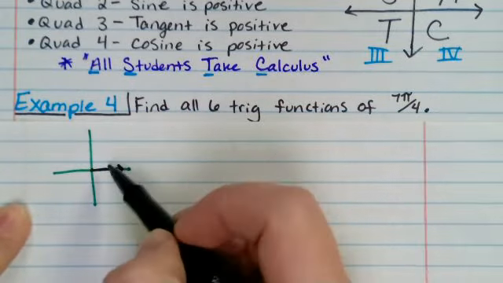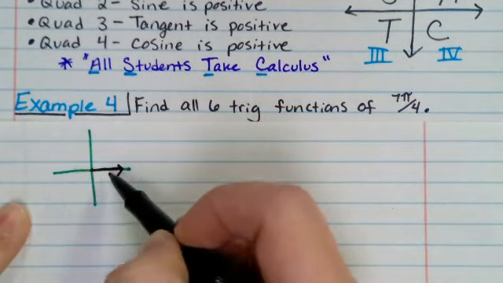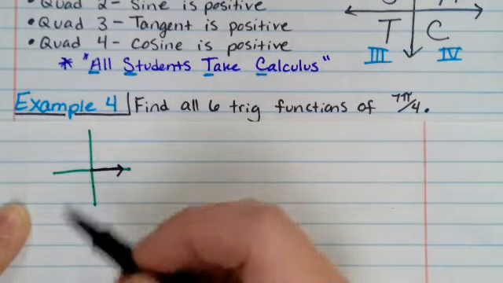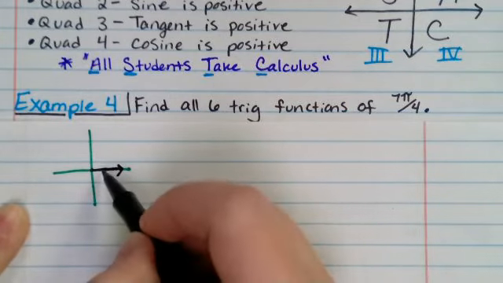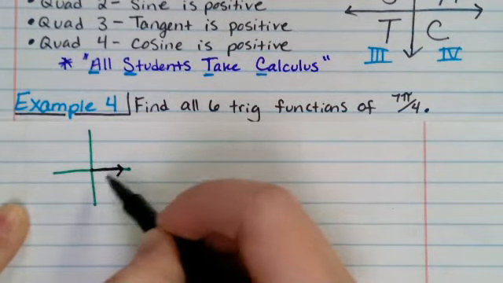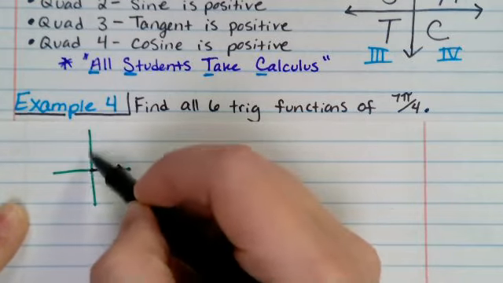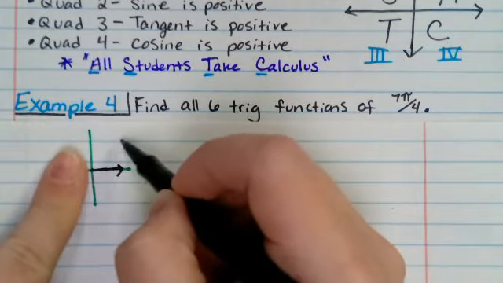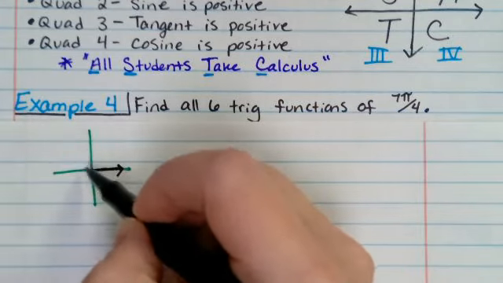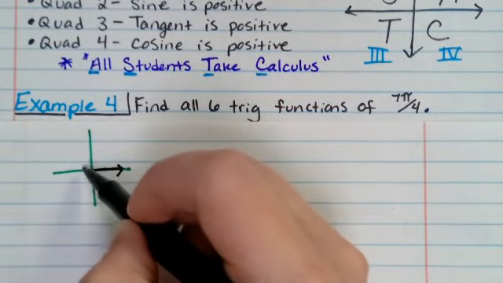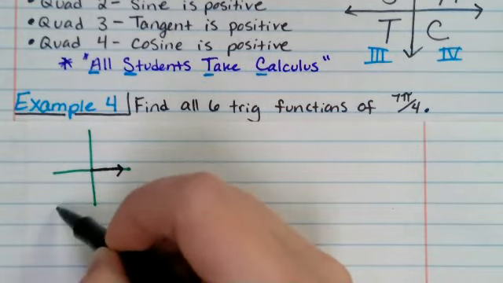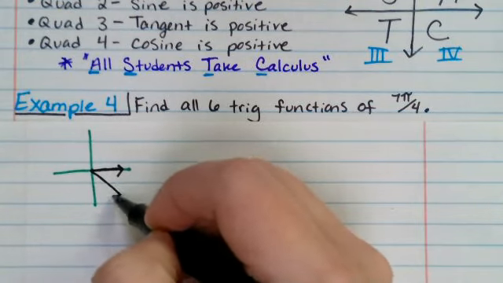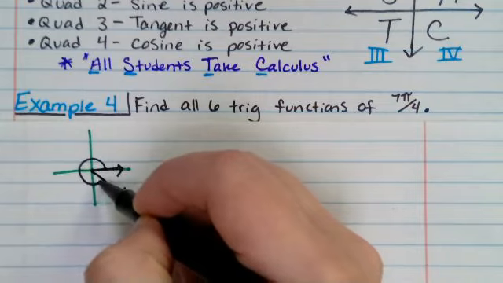I know that 4 pi over 4, a whole pi, would be 180 degrees halfway around. 2 pi's, or 8 pi over 4, would be all the way around the circle. And I want you to remember that pi over 4 cuts these little quadrants in half. Okay, so pi over 4 would go straight through the middle, being 45 degrees. 3 pi over 4 would be here. 4 pi over 4, 5 pi over 4, 6 pi over 4, 7 pi over 4. And it went all the way around.